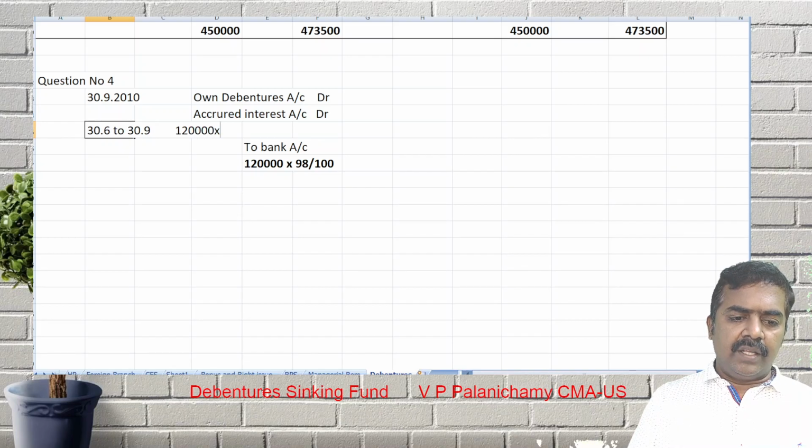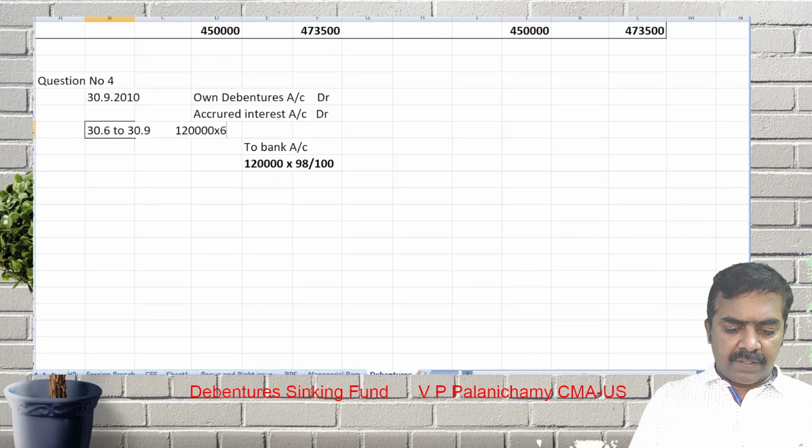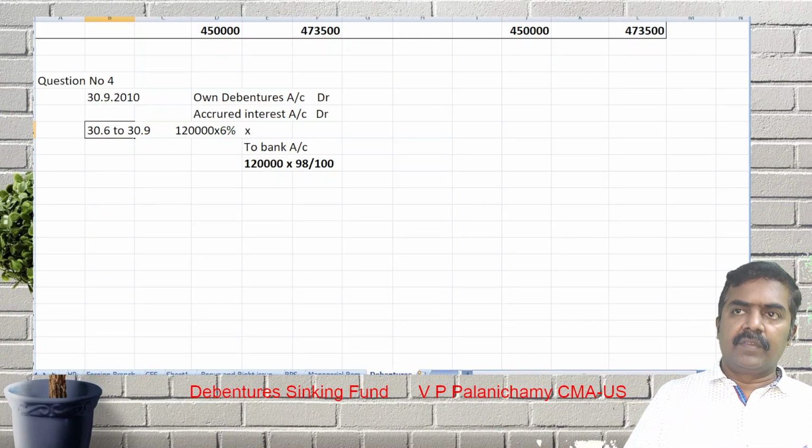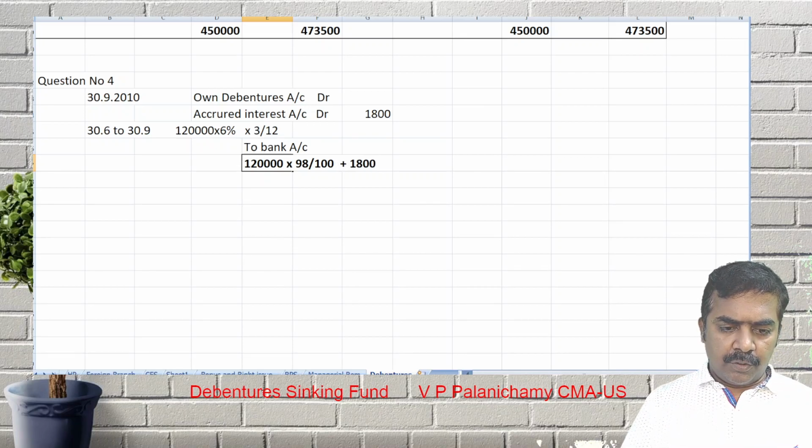So 1,20,000 into எவ்வளவு percent? 6% for எவ்வளவு months? 6, 7, 8. 3 months or 4 months? 3 months. 7, 8, 9. 3 months. So plus interest pay பண்ணணும். This amount you have to pay.